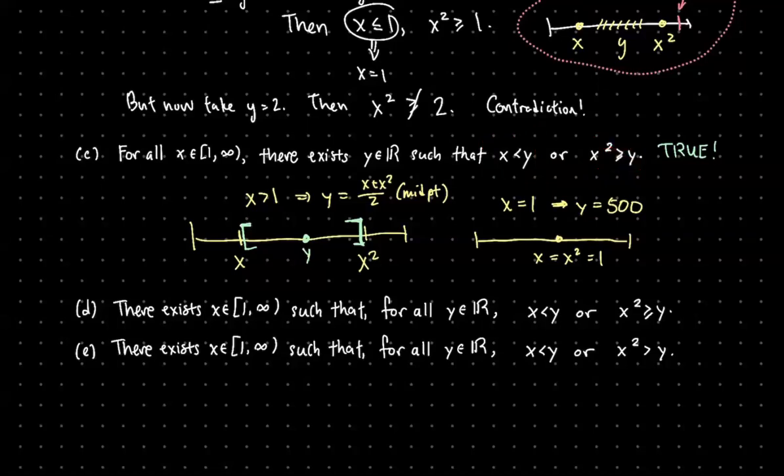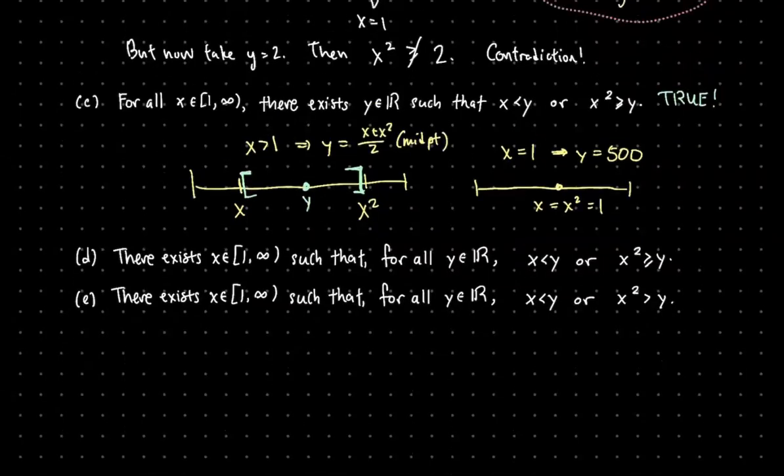Okay, and in the interest of time, maybe I won't take up the last couple, but maybe I can at least tell you if they're true or false. There exists x such that for every real number y, either x is strictly less than y, or x squared is greater than or equal to y. I should have written down the answers to these.